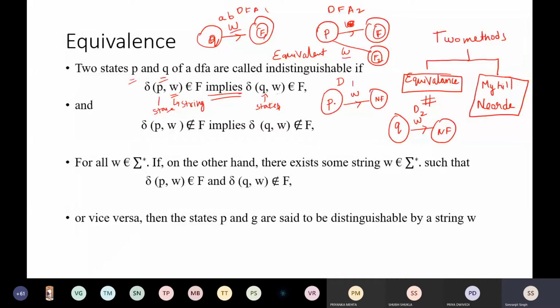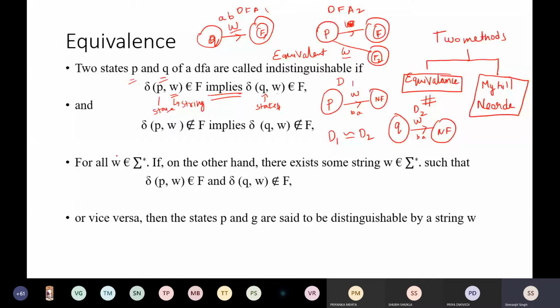Another one: on getting the string BA, it goes towards a non-final state, and on getting BA, the other is again going towards a non-final state. If both follow this property, then I can call these DFAs equivalent. This is just a basic property.